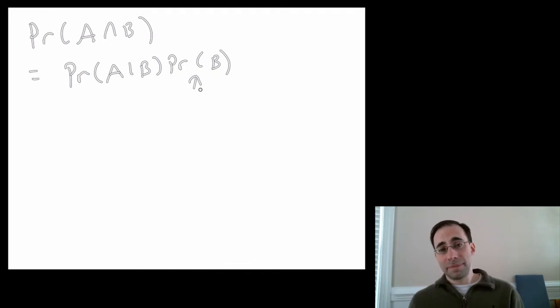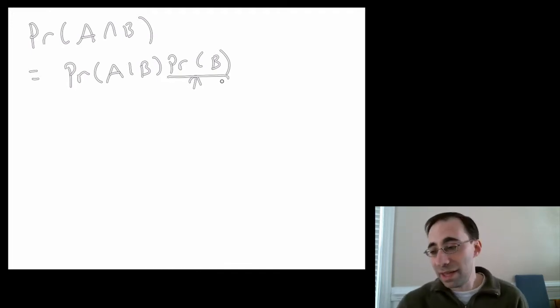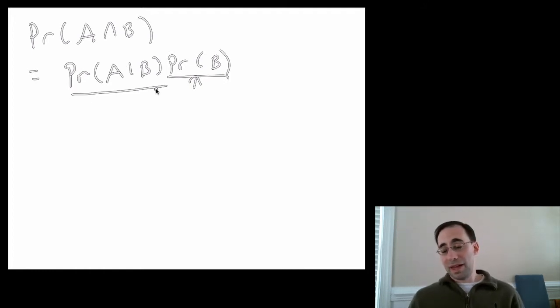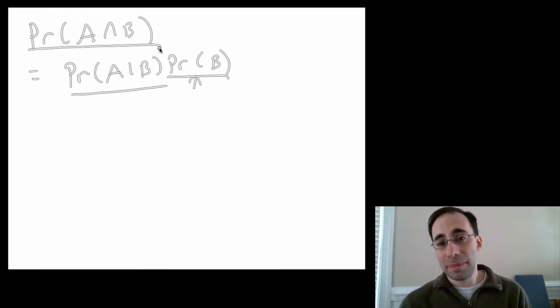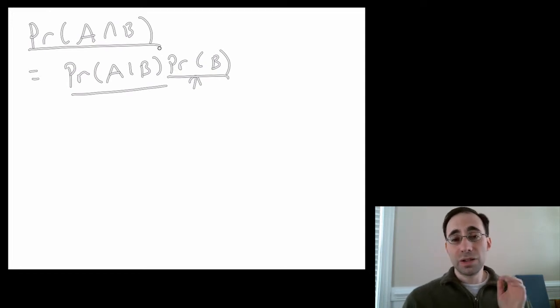If B happens, that's this probability. The chance that A happens given that is this one. So if both A and B happen, that's this one, and it's equal to the chance that B happens and the chance that A happens given B already happened. So this is one way of writing an AND.